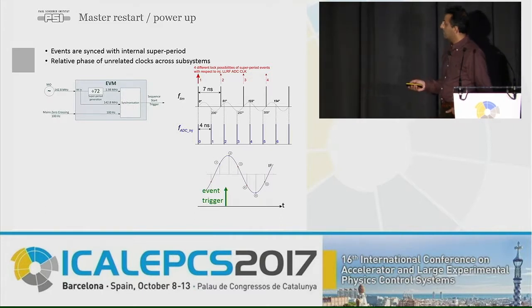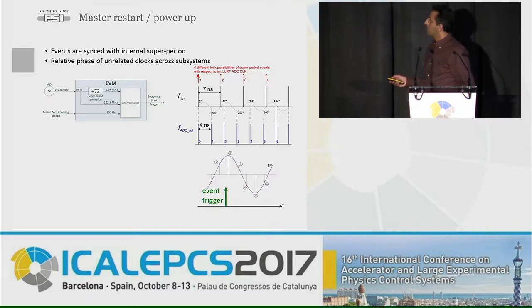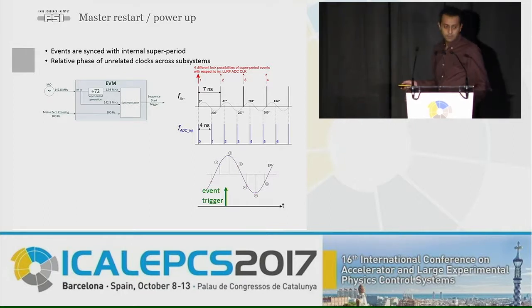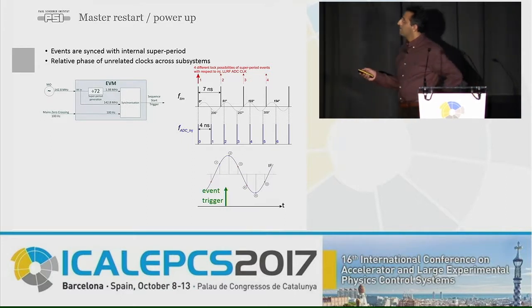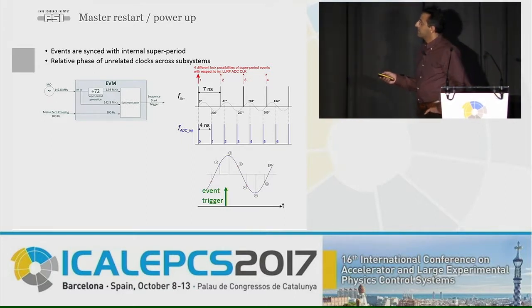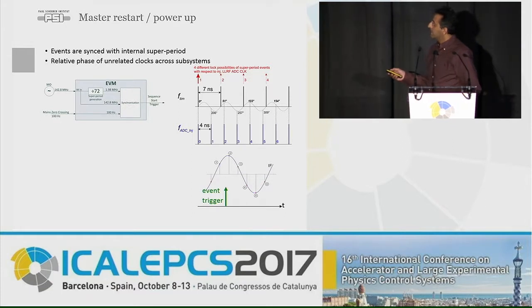But if you have an unrelated clock in some subsystems, which we have in SwissFEL, in some low-level RF systems, when you restart the timing system upon power up, or if you want to update the system with software and you restart it, since the super period is generated internally, it doesn't know about them, so the relative phase with respect to unrelated clocks cannot be maintained. And what happens is that, for example, assume that I reboot the system and now look here.